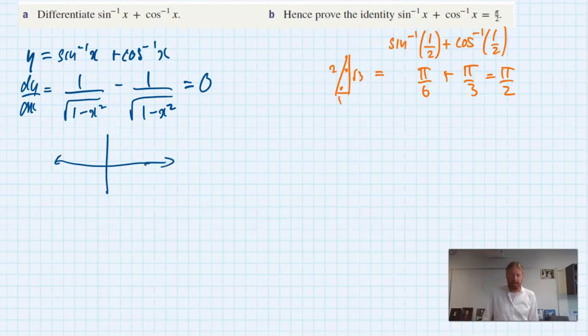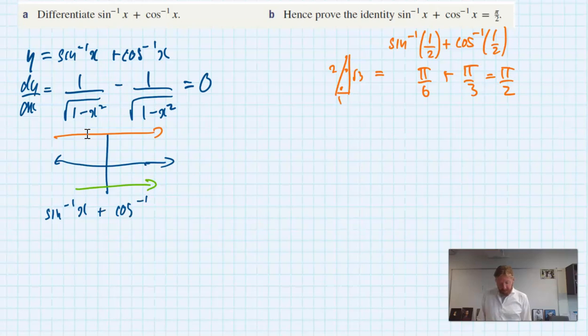The only guy that has a derivative function of 0 is some horizontal line. I don't know which horizontal line it is. What's the equation of that horizontal line? Well, let's try and find out. Since I know it's a horizontal line, I know it's a constant. Therefore, I could say that sine inverse x plus cosine inverse x equals some constant.